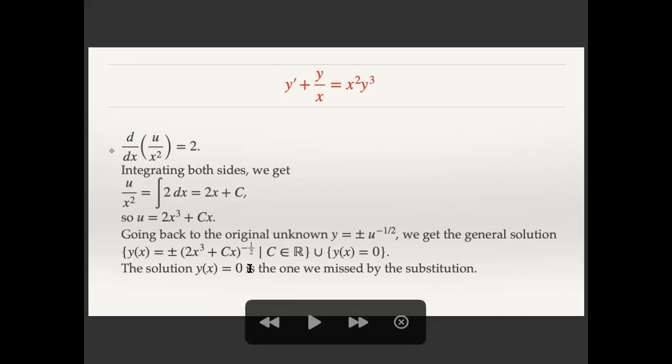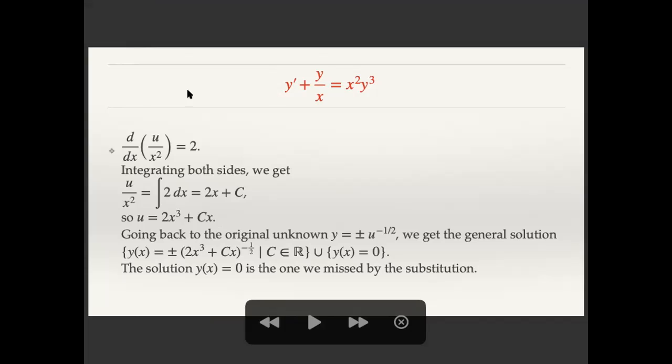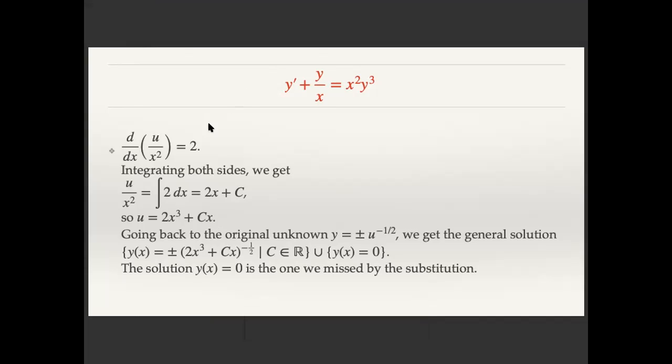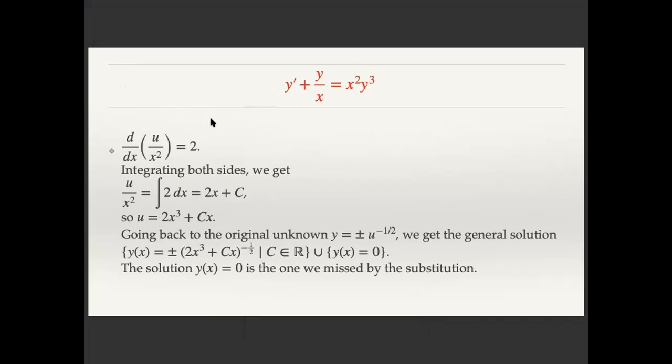Okay, so here's another mistake. But actually, let's try to fix this right now, at least on this slide. So this is minus 2x plus a constant.